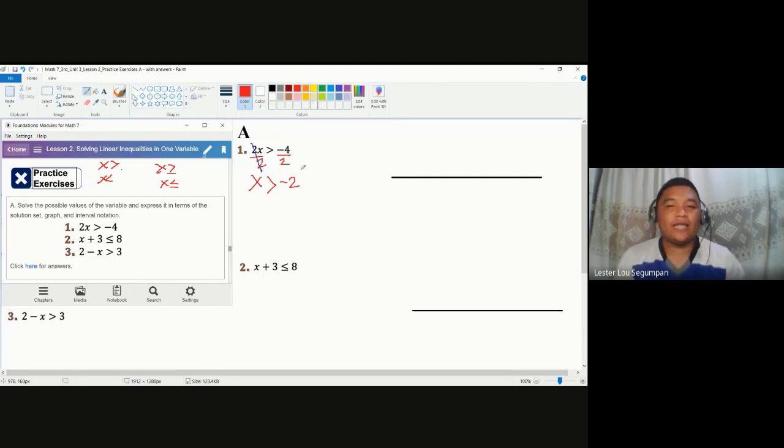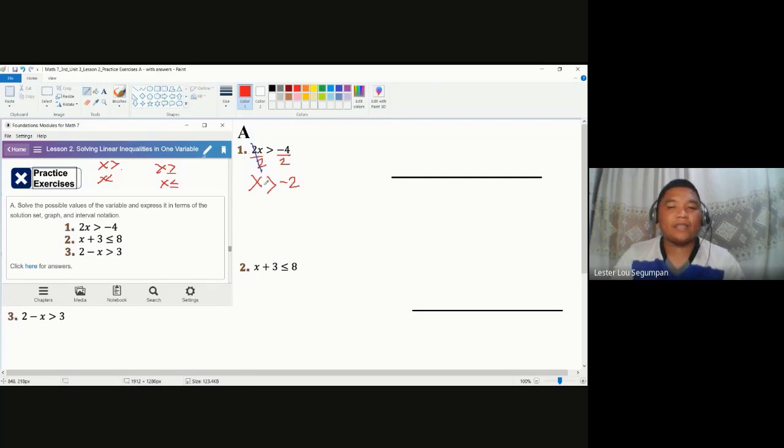Another proof that this linear inequality form in number 1 is already correct is if we pick a value in this linear inequality form and substitute it in the given inequality, and if the inequality still holds, that means our result or our solution is correct. Let's pick a value here. Let's try negative 1, because negative 1 is greater than negative 2.